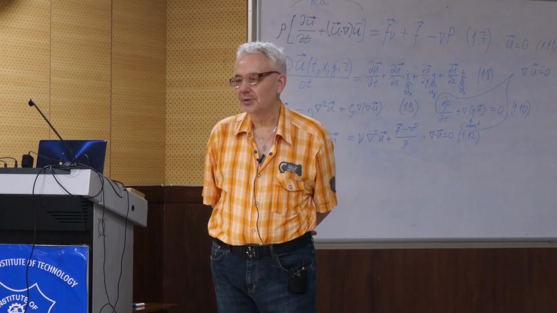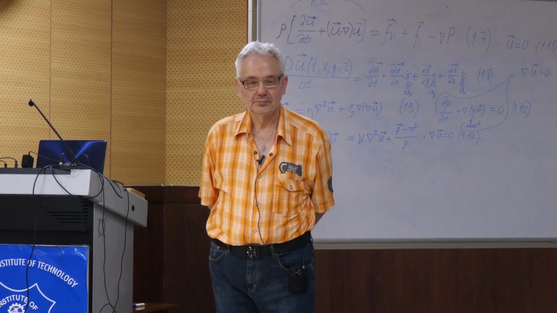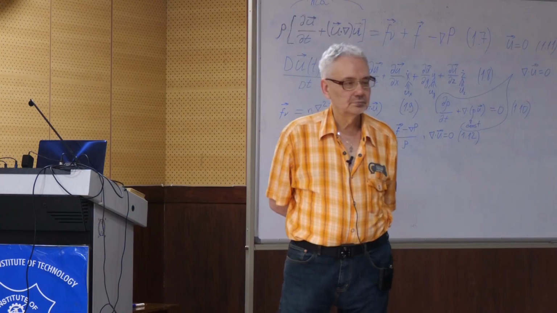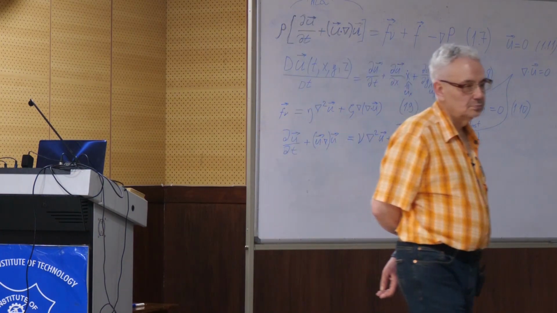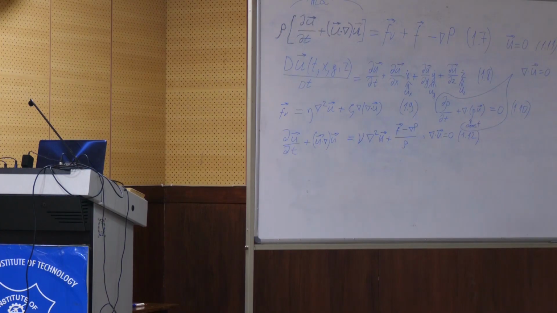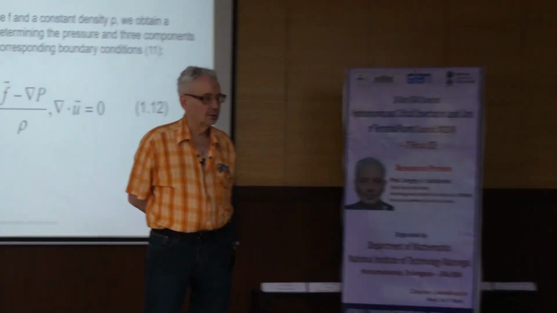Are there any more questions? These are approximations. If we assume many things, how can we correlate them with the observations and the experiments? You mean these equations, we have so many assumptions.